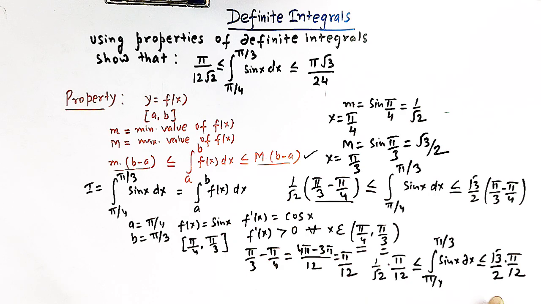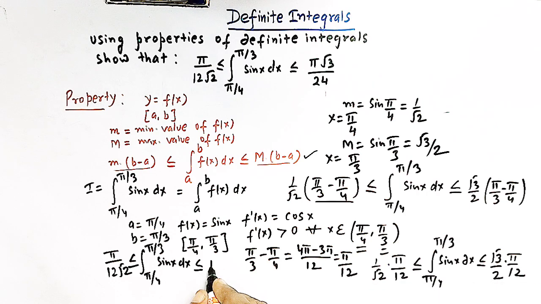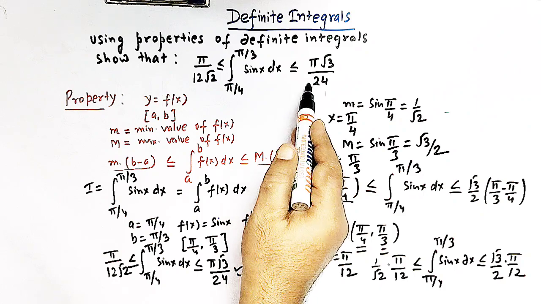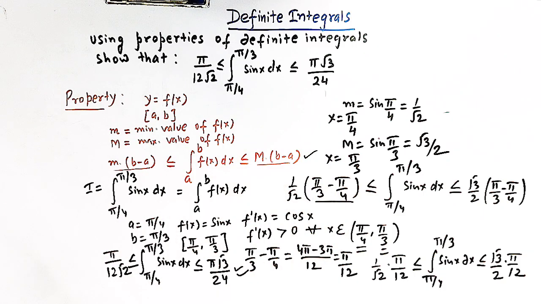So solving these terms, we can now write pi over 12 root 2, then the integral from pi by 4 to pi by 3 of sine x dx, and then pi root 3 over 12 times 2 is 24, and this is our required inequality which was to be established.